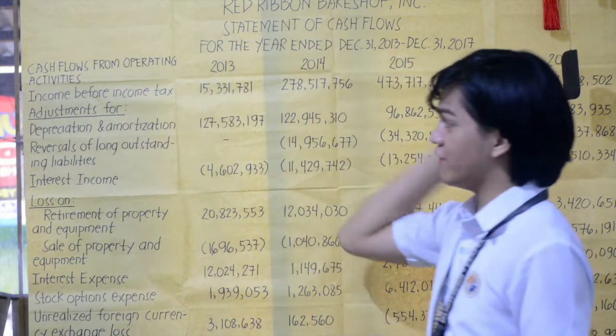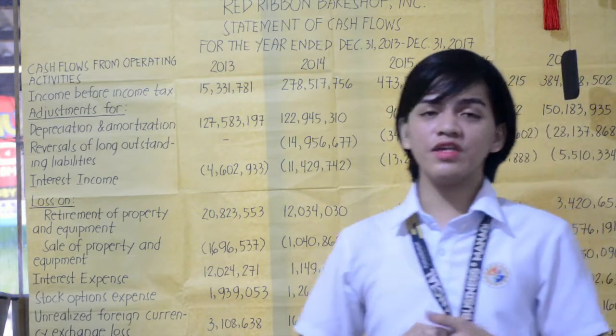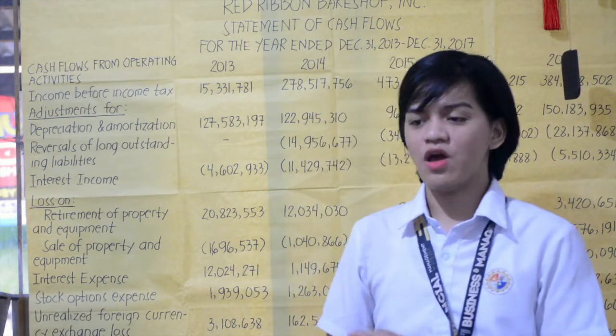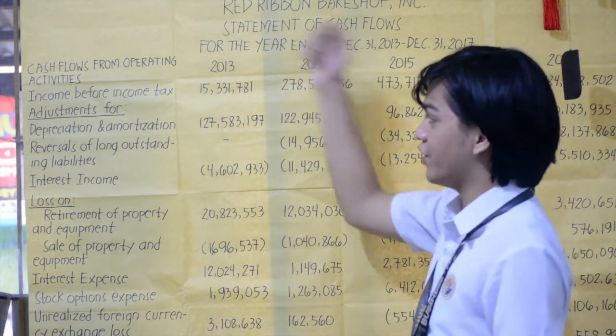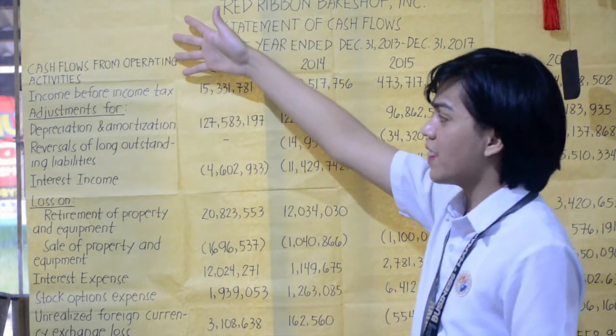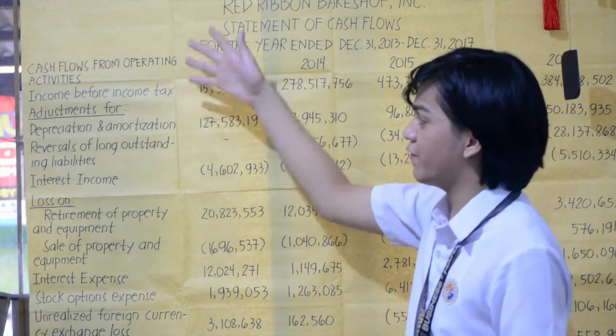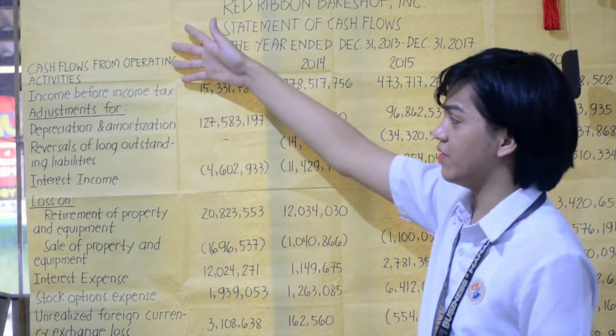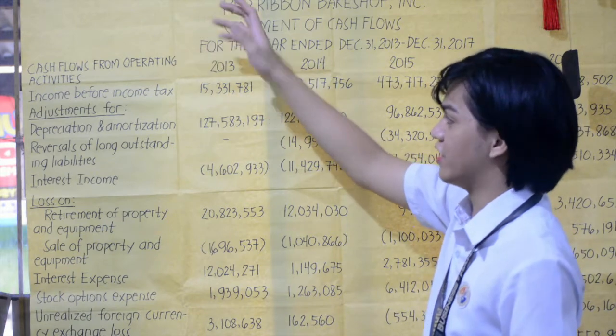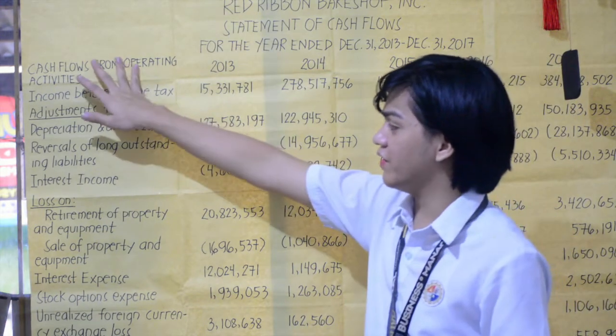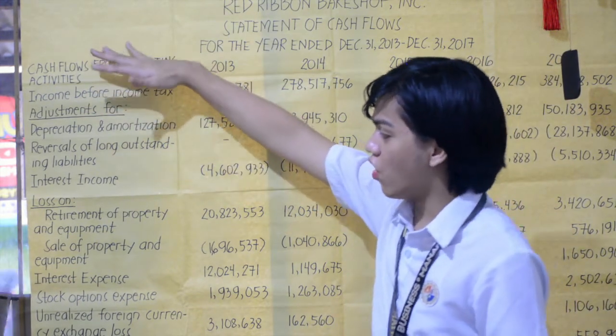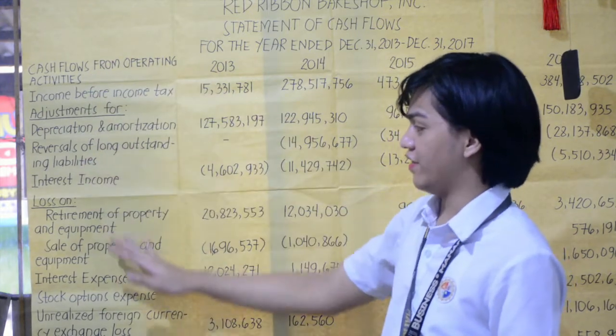The operating activities are the revenue generating activities of an organization and other activities. It should be the first in the statement of cash flow. So from operating activities, we should break down all the account titles like this.